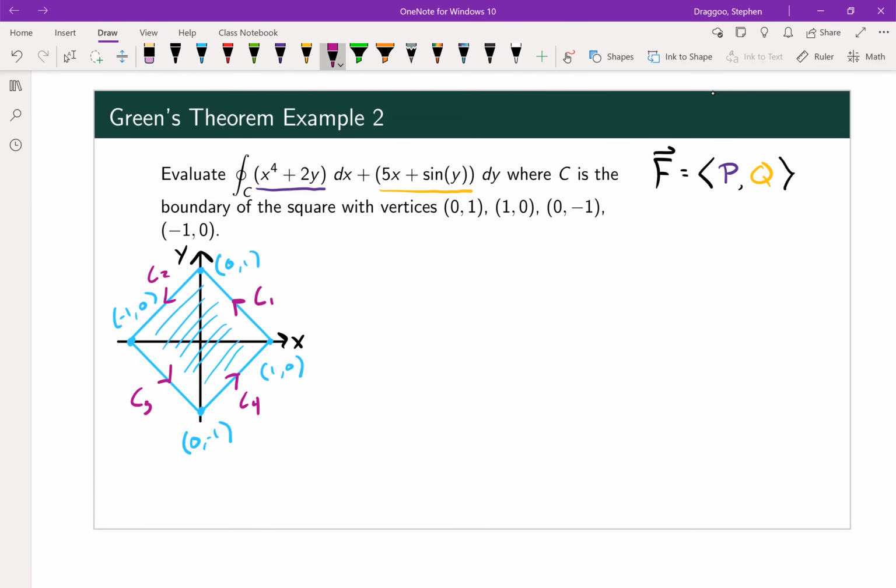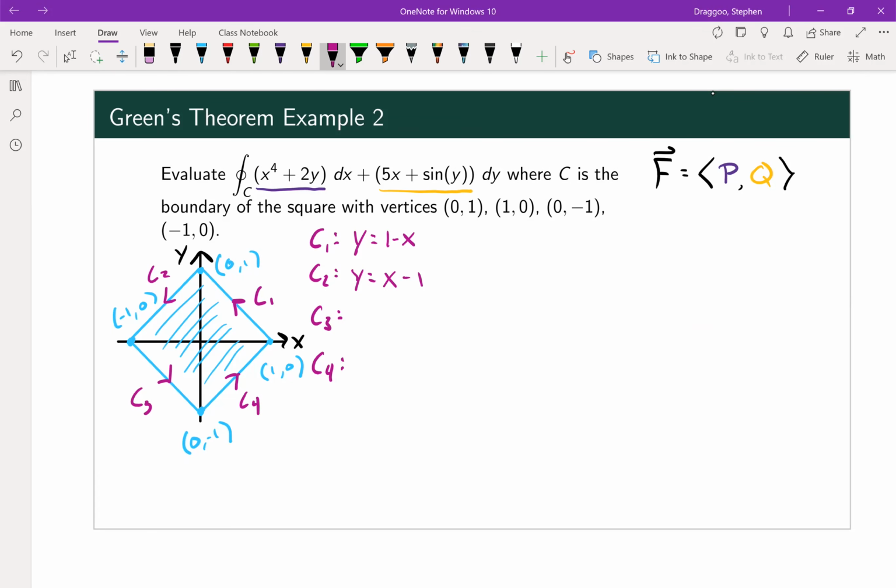And we could come up with equations for each one of those lines once again. For C1, we'd have the equation y equals 1 minus x. For C2, that must be the equation y equals, is that x minus 1?